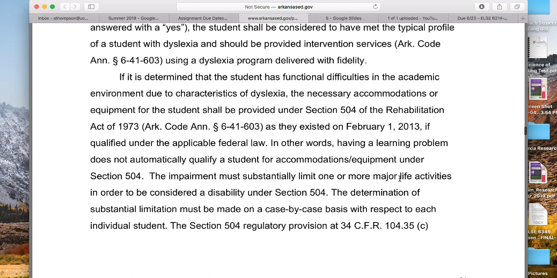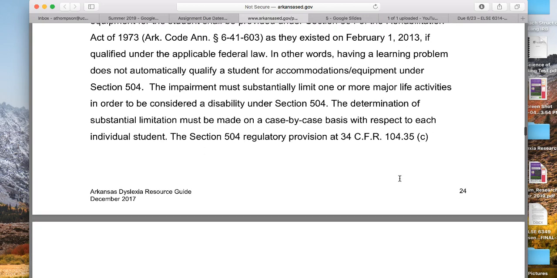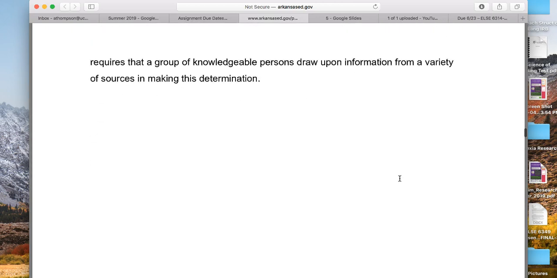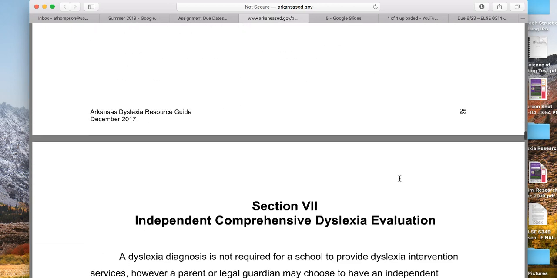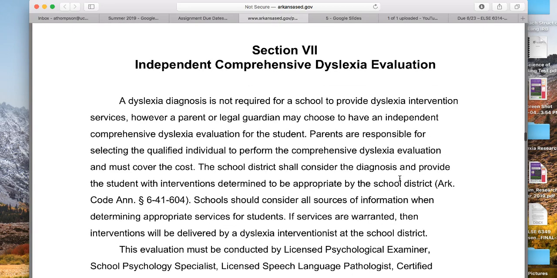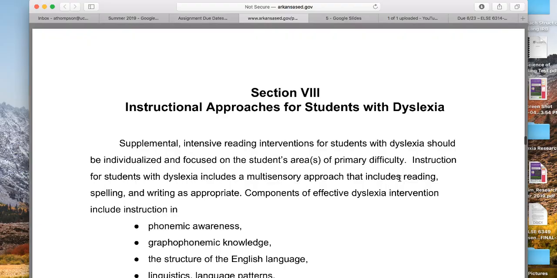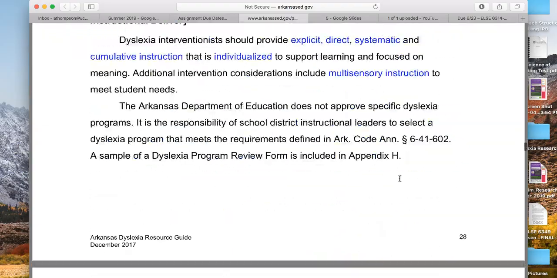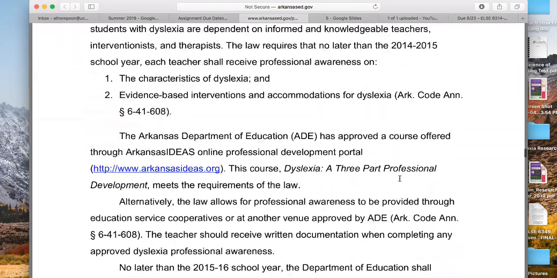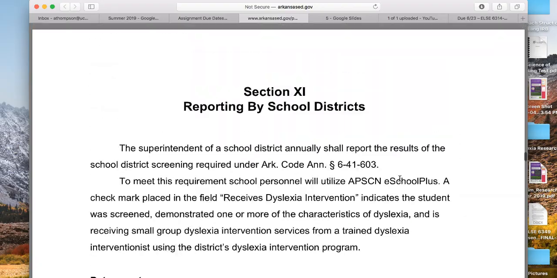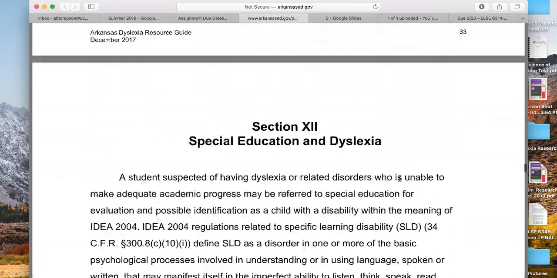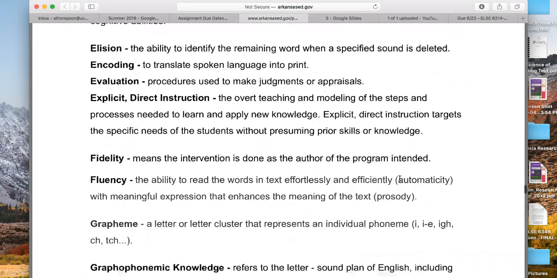So, we're going to look at what that Level 2 battery of tests looks like. It's in the appendix.